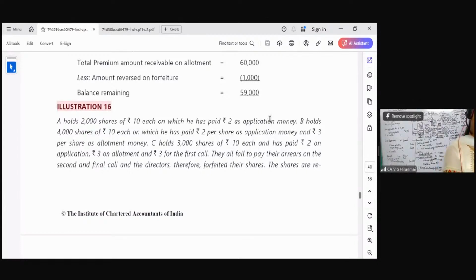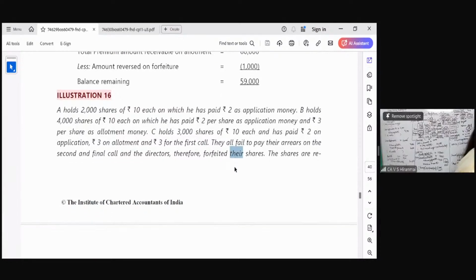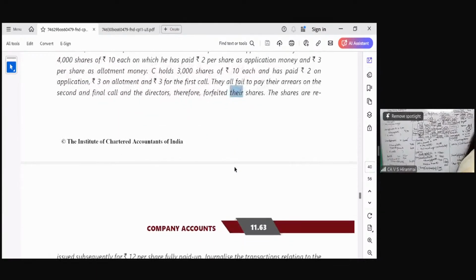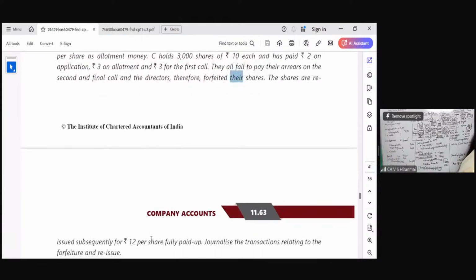C holds 3,000 shares of rupees 10 on which he has paid application, allotment, first call. So all of these three people fail to pay their arrears on the second and final call. Therefore, the directors have forfeited their shares. These shares are reissued subsequently at rupees 12 per share, fully paid up.